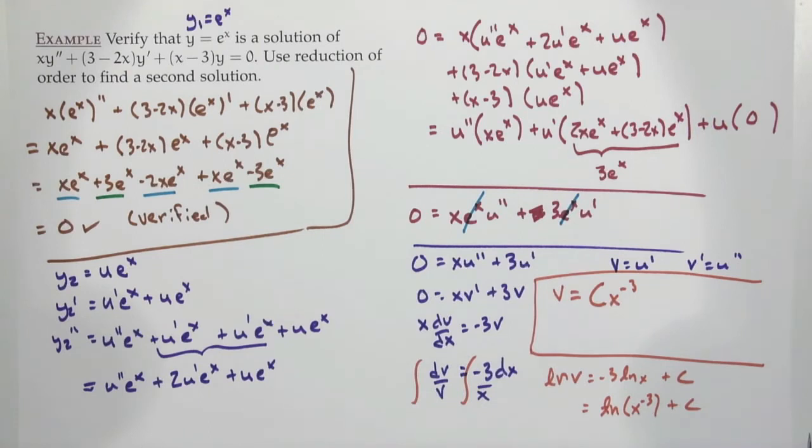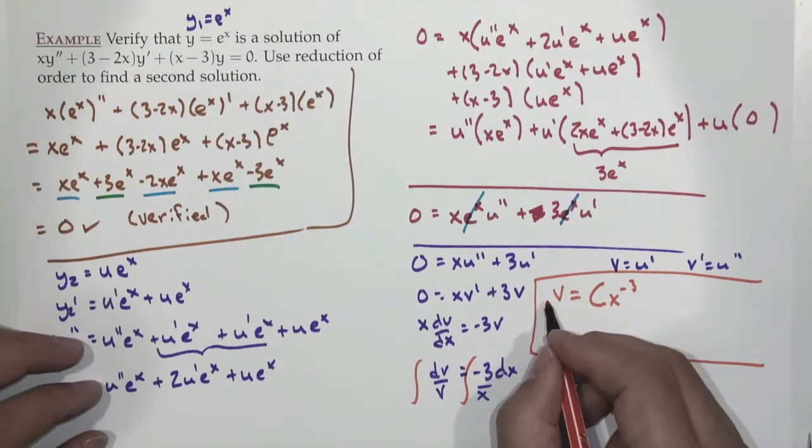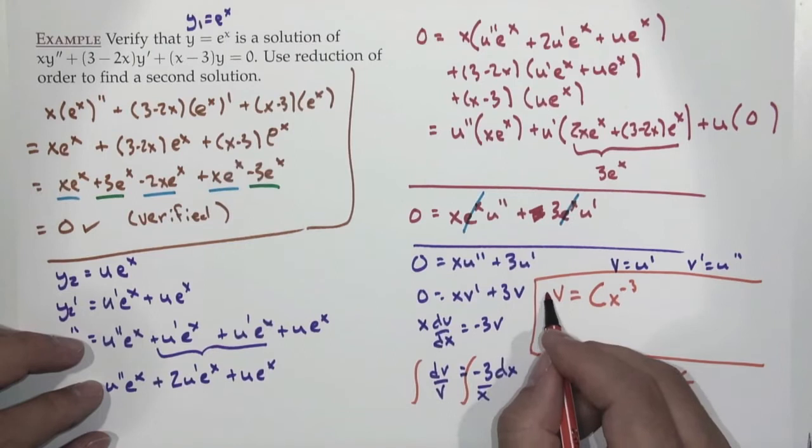Yes? Yeah. Now, be careful here. A lot of people are like, oh, shouldn't it be x to negative 3 plus e to the c, Steve? Like, no. You have to take the whole side. And then people are like, haha, but e to the c is a constant. Now, are we done? No. Because what is v? u prime.